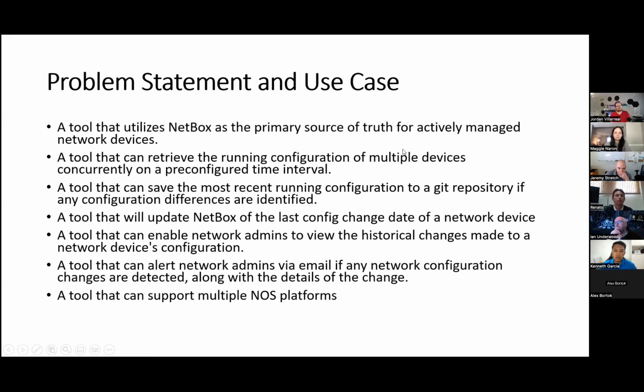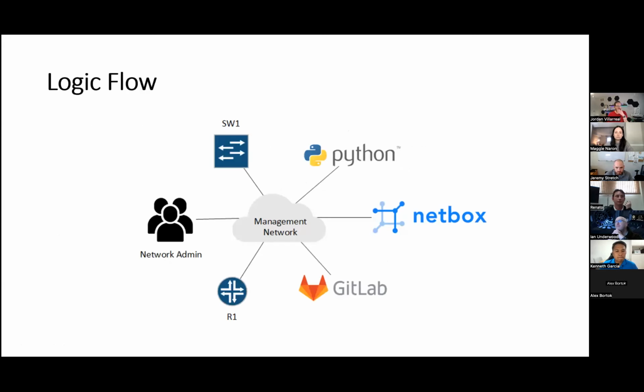Actually, I've been building this tool for several years. I started it for a very simple use case, and eventually it got more complicated with these requirements that I have. So, going on, this is the logic flow of a sample network environment that you can have for this tool to work.